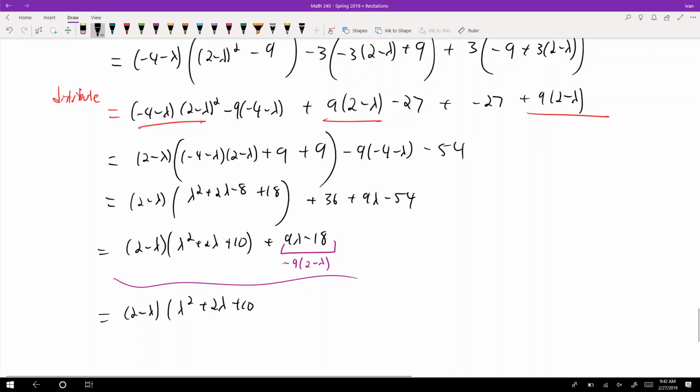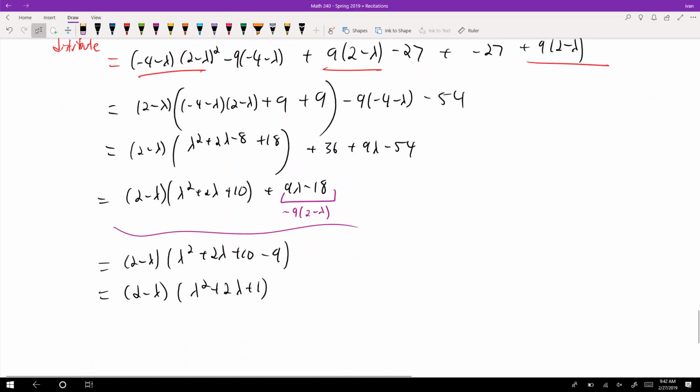And now, since I factor out another 2 minus lambda, that's a minus 9. So I get lambda squared plus 2 lambda plus 1. And we have our linear term. We have a quadratic term that we actually know how to factor. 2 minus lambda, lambda plus 1 squared.